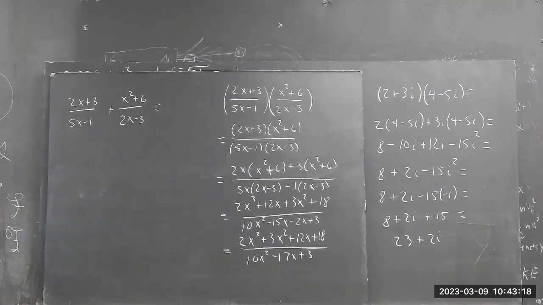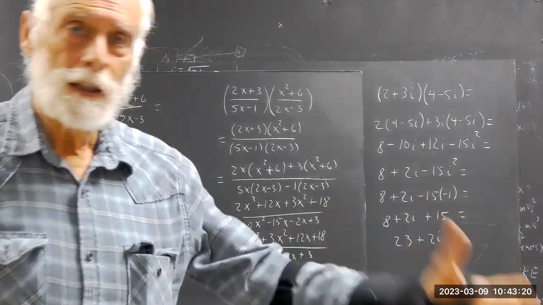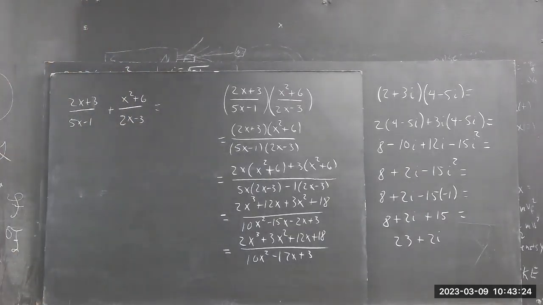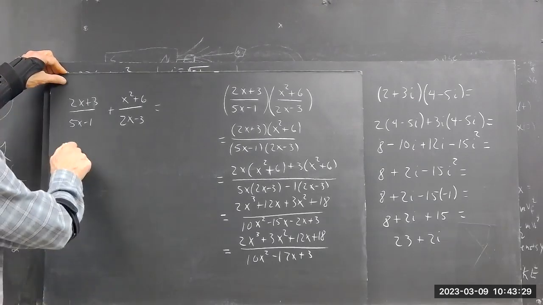To add two fractions, what do I have to have? We have to have the same denominator. These don't have the same denominator. Well, if I want to get the same denominator, I'm going to do this.